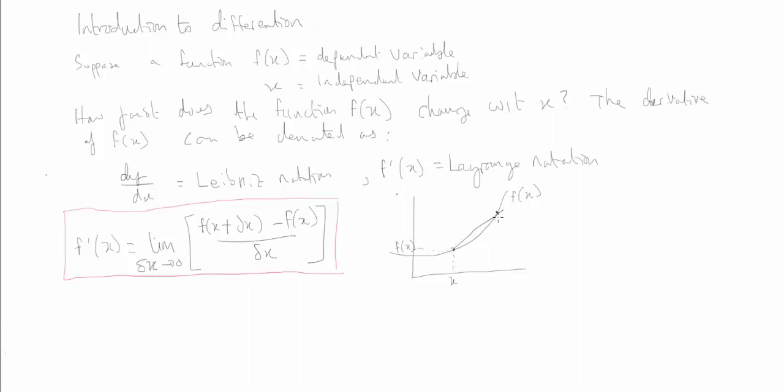Now we can find the gradient from here to this approximation, and this approximation can be anything. So let this be delta x, a small change in x. So our new point will be x plus delta x. And if we evaluate this point, we should have f of x plus delta x as the function.